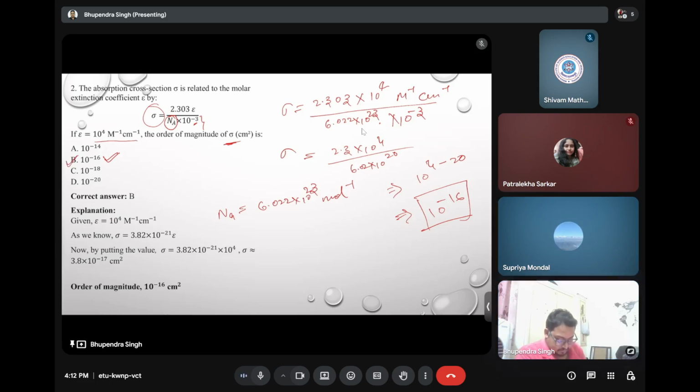So the answer is B. Could you just take your pen and paper and try to find out the unit of sigma, which is centimeter square. Everything is written there. Just try it out.